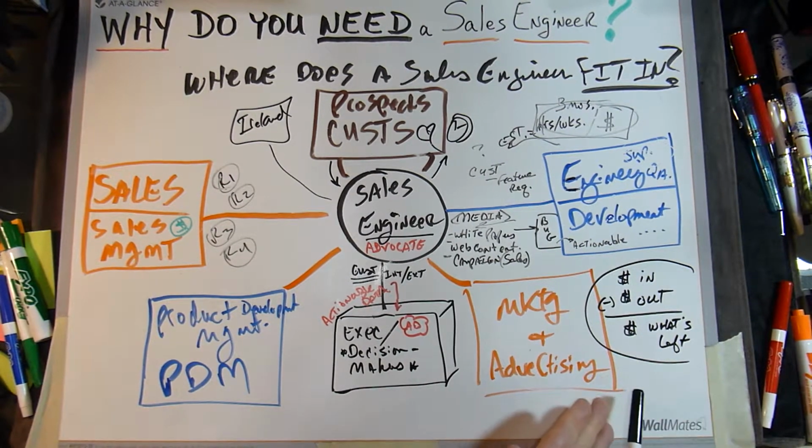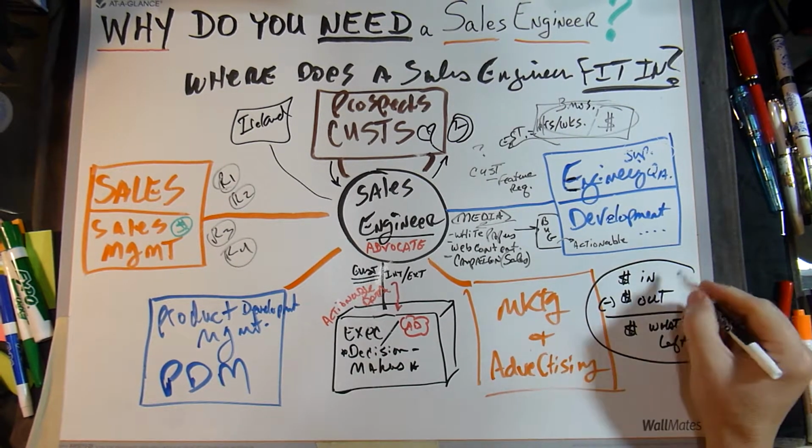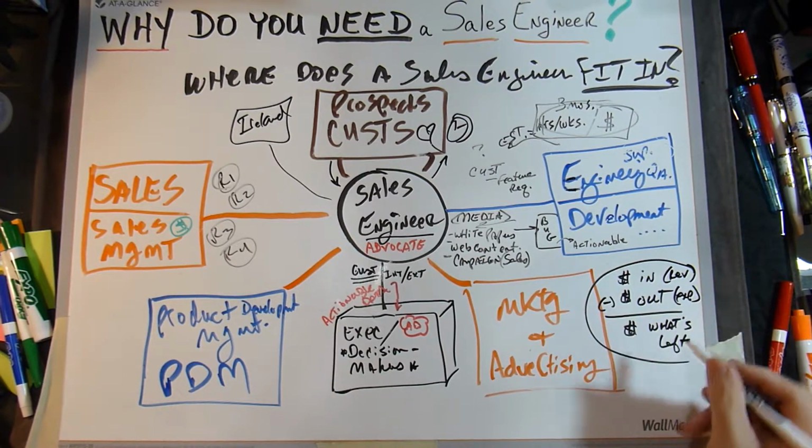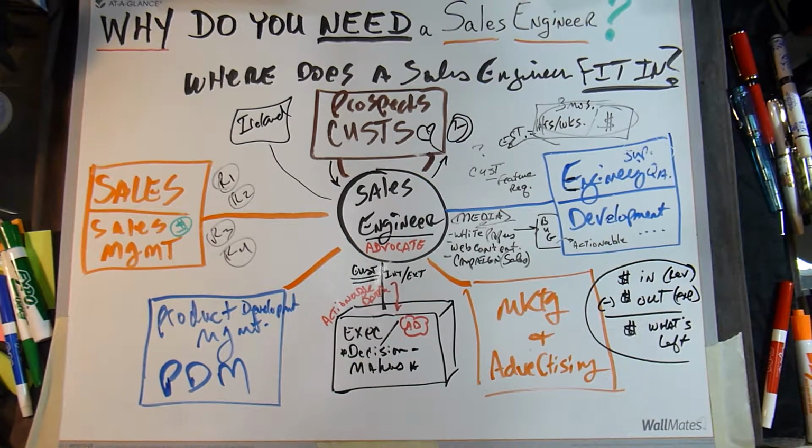See, wasted all your money on an MBA. That's all you need to know. So we have revenue, we have expenses, and we have whatever's left. Seriously, it's like 6 years of college right there. So we care about the outs.